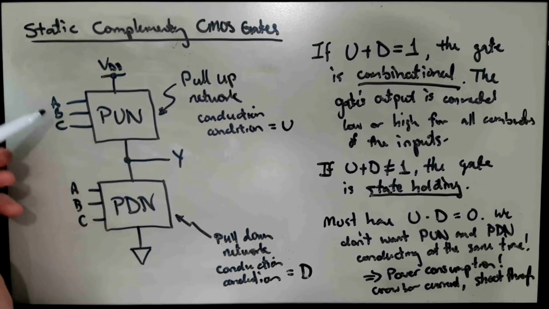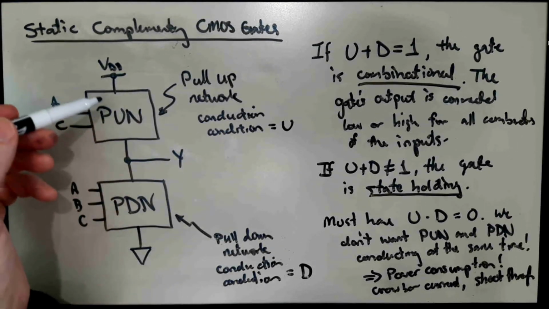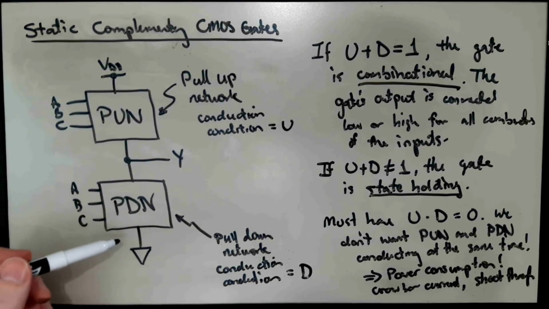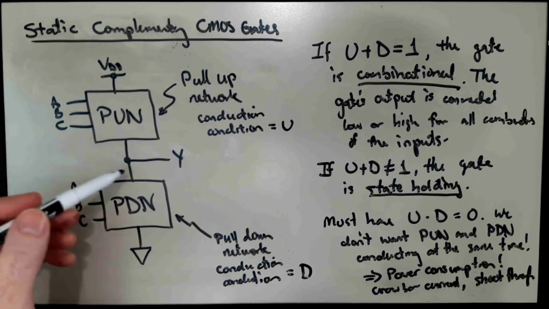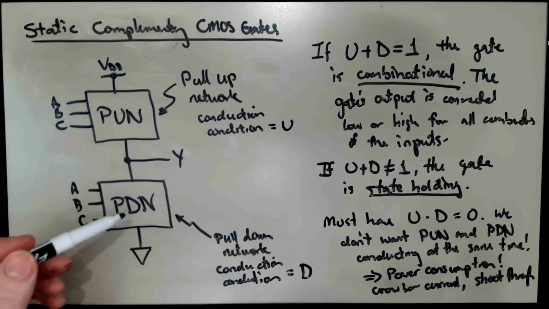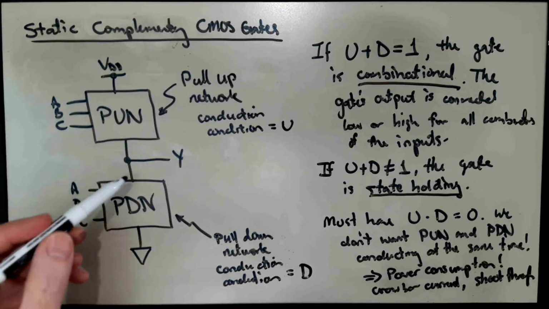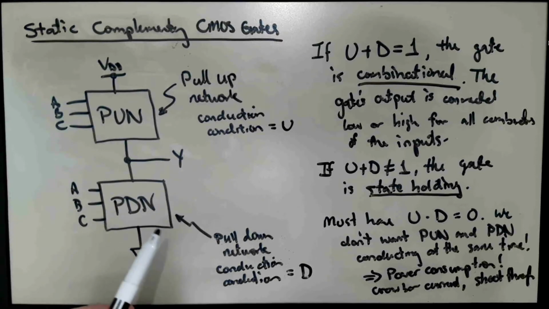Sometimes you'll have a situation where the pull-up network is going from on to off, and the pull-down network is going from off to on, and there'll be some transient period of time where they're both conducting at the same time. And that can lead to a transient little blip of current, but we don't want a sustained condition where they are both conducting.